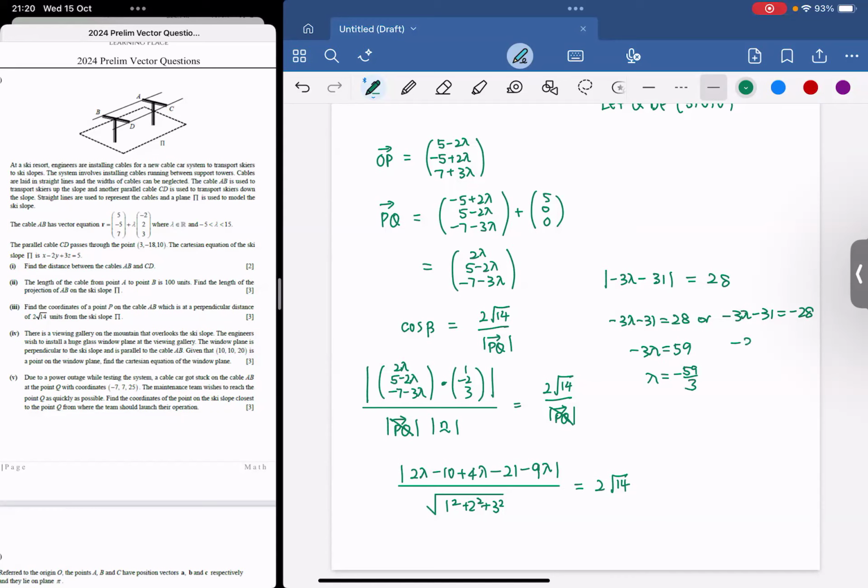Over here, negative 3 lambda equals 3, lambda equals negative 1. We reject the first one because from the start, the question says lambda is between negative 5 and 15. So we sub this into P. So P will just be (5, 7, ...) minus 7 and 4.